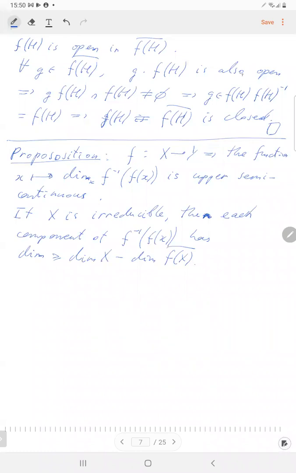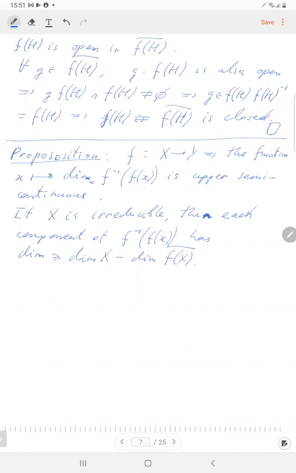So does it mean that for some measure zero sets, the dimension is going up? Sorry, I missed your question. Can you repeat it, please? Yeah, for measure zero sets, it means that the dimension is going up.